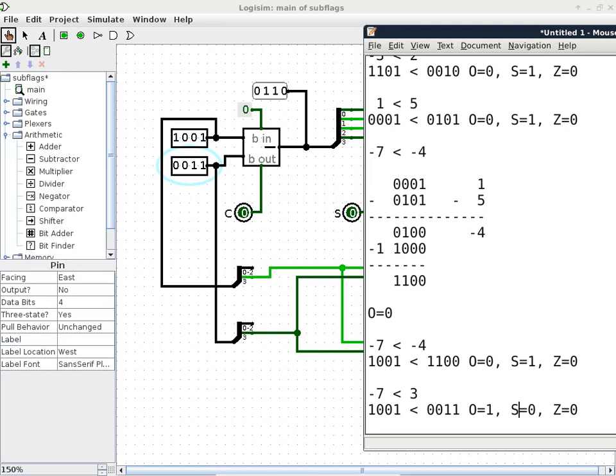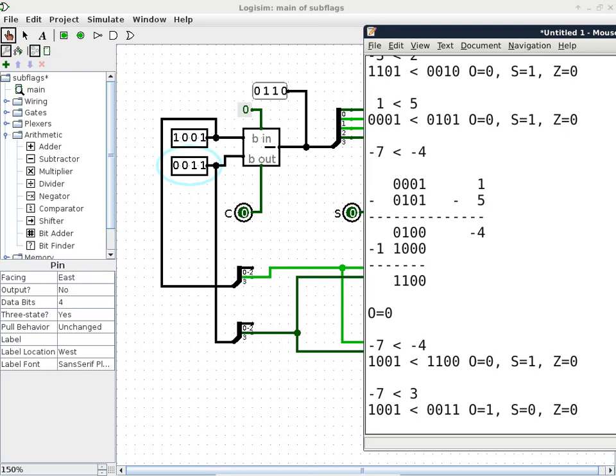So what you need to do, and the notes actually talk about this too, is to look at both flags. If the overflow flag is different from the sign flag, then in signed interpretation, the left-hand side is less than the right-hand side.